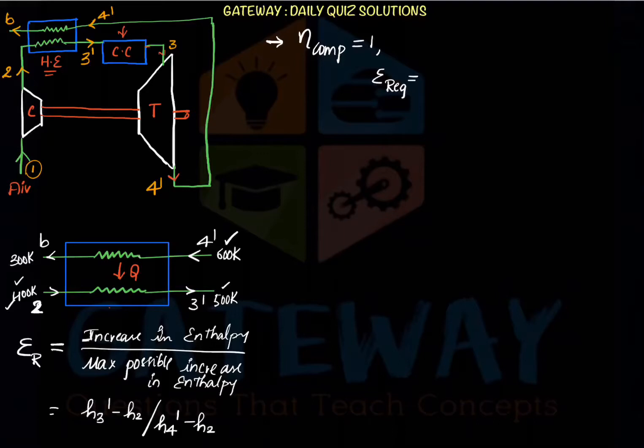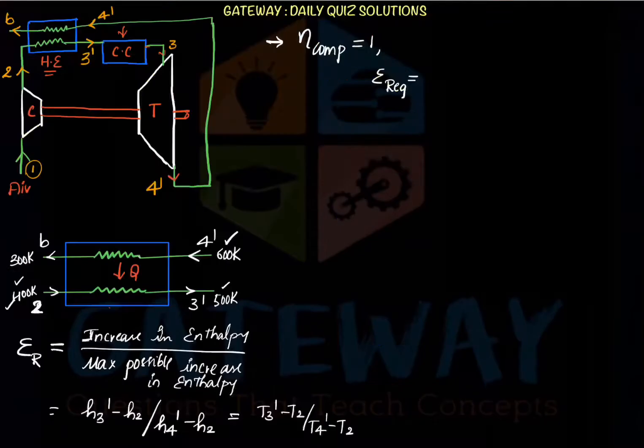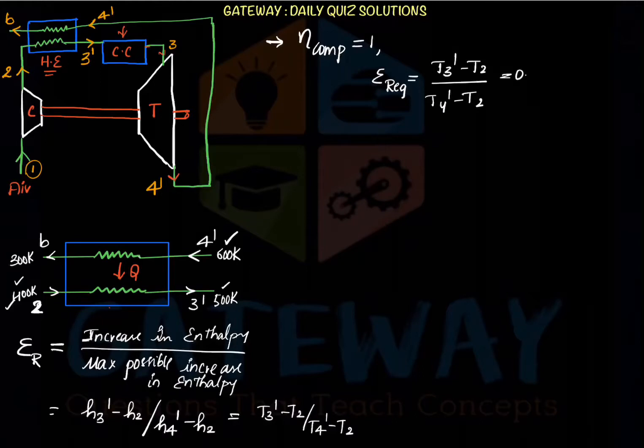So for the regenerator, since we are using completely gas, these enthalpies can be written in the form of temperatures: T3 dash minus T2 upon T4 dash minus T2. We'll remember this cycle here, and we'll calculate all the values. The effectiveness of the regenerator is T3 dash minus T2 upon T4 dash minus T2, and that is given as 0.8 in the question.